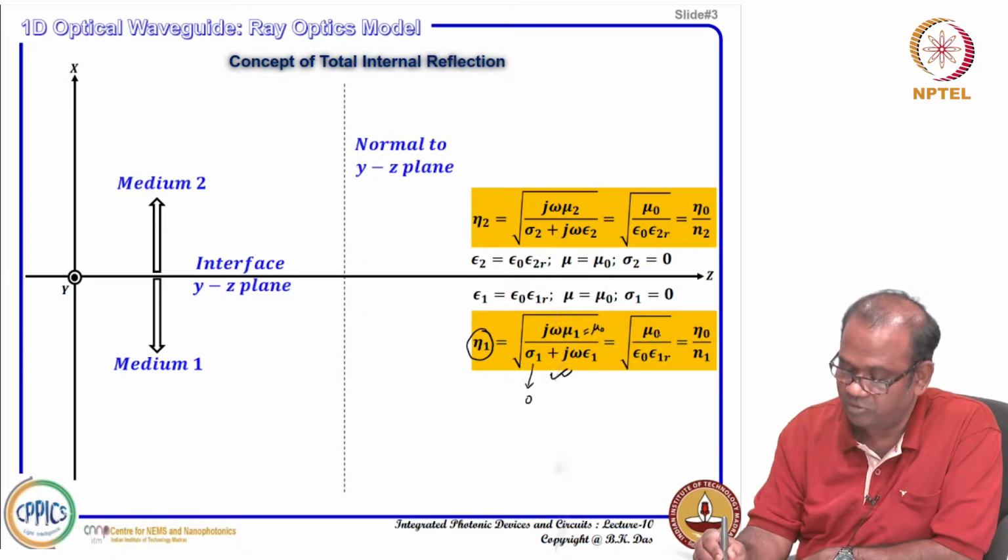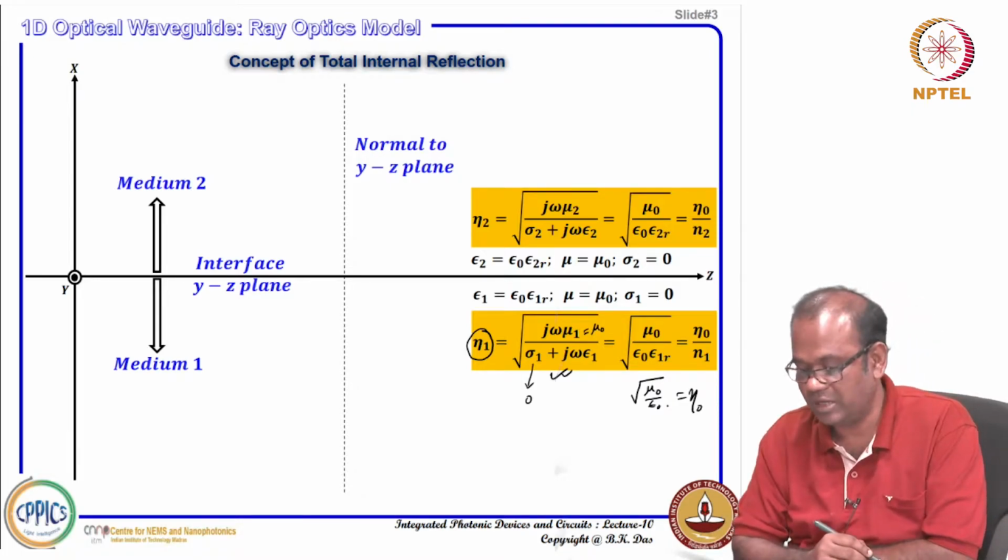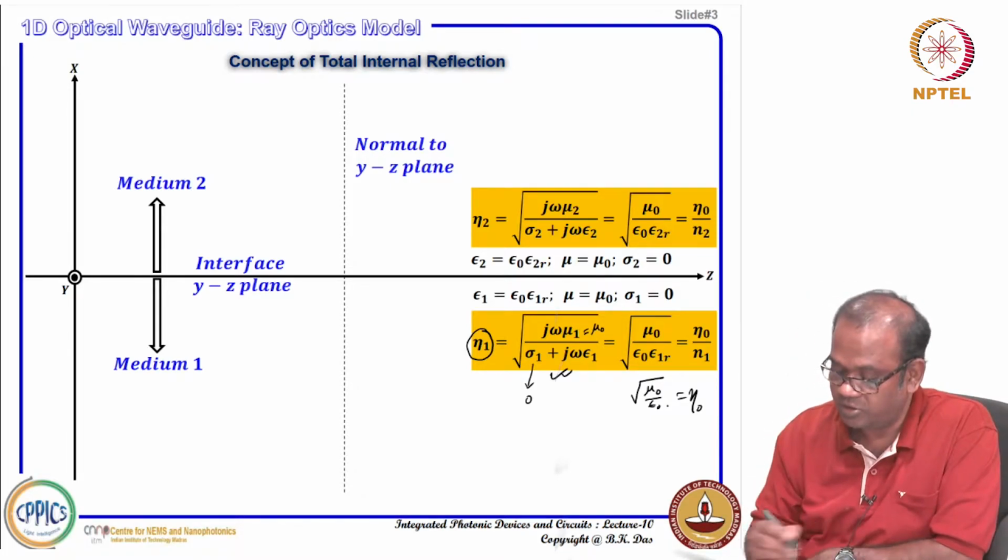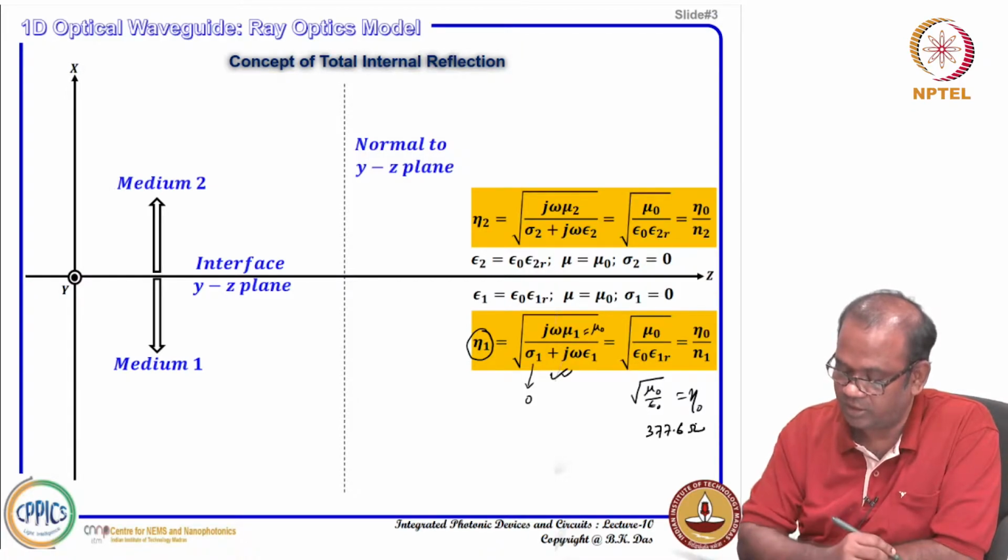So, you get the square root of mu 0 by epsilon 1 equal to epsilon 0 epsilon 1r. Again, you know that the square root of mu 0 by epsilon 0 is eta naught, the constant for free space, the intrinsic impedance of free space. We know the value is about 377 ohm.